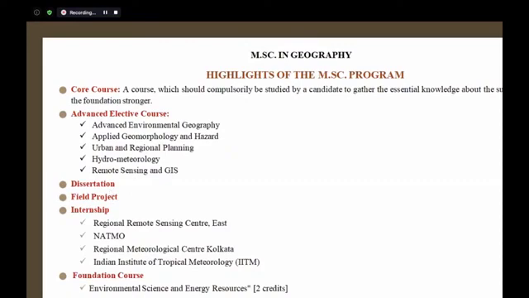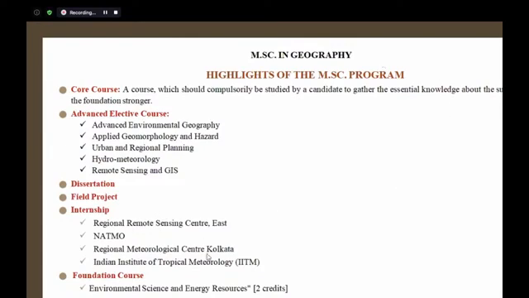In the last 2 semesters, students are completely devoted to research activities, and we really push and encourage the students and help them publish dissertations in good journals and present them in conferences. We can proudly say that students presenting their dissertations are now getting best paper awards in various conferences. That's a big achievement for the university and for us.